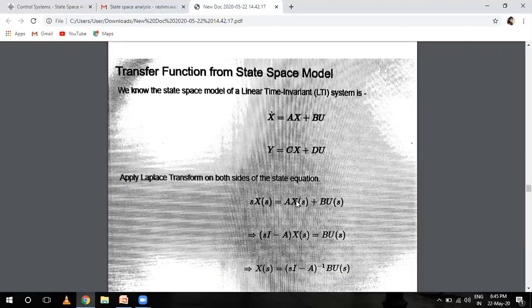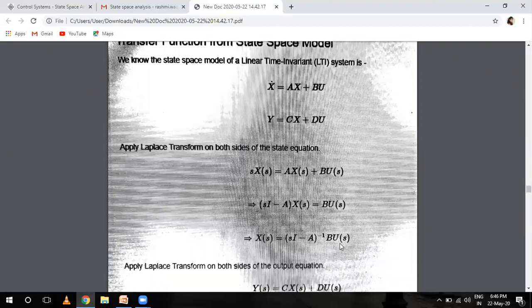Now on this term, right side से आप left side ले जाओ, sI, that is my unit matrix, minus A into X(s) is equal to BU(s), X(s) इधर आ गया और इसको इधर ले जाएंगे तो 1 by ये टर्म हो जाएगी, that is (sI minus A) inverse.